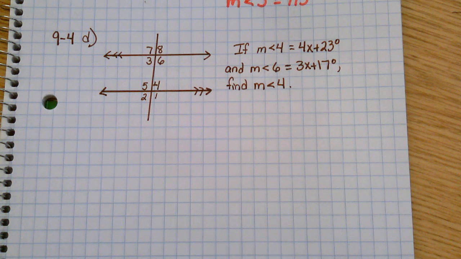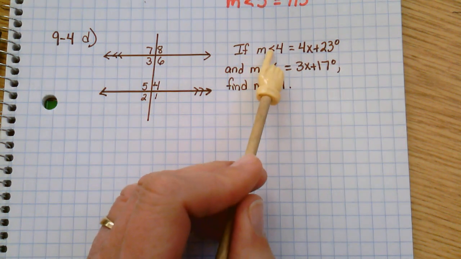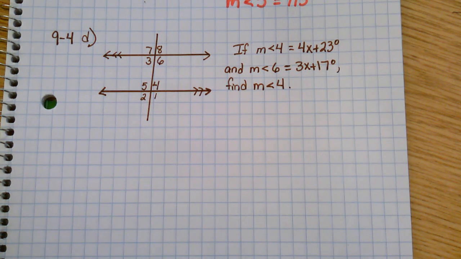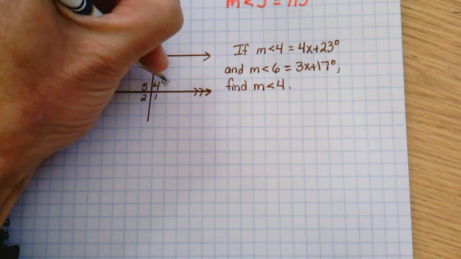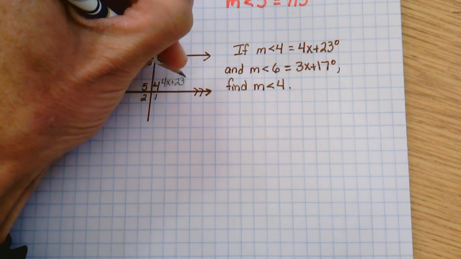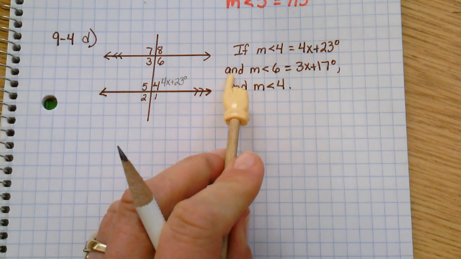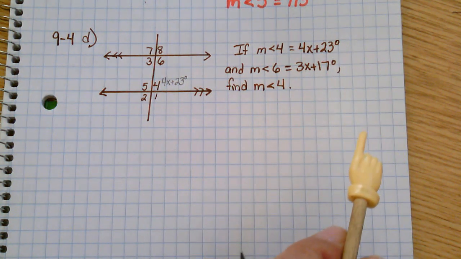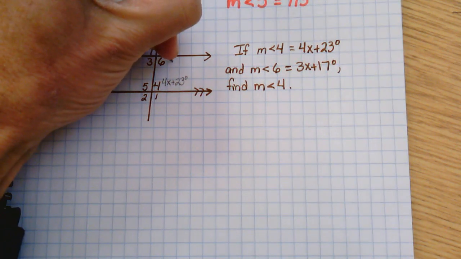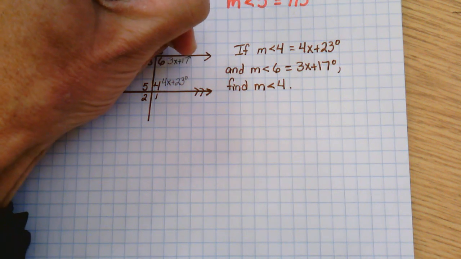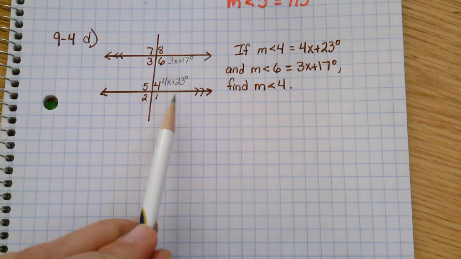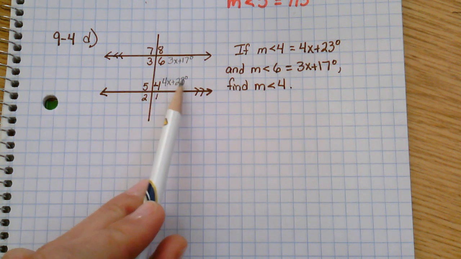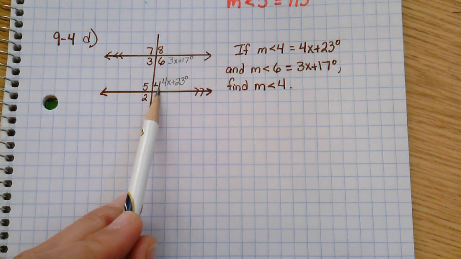This time, it says, if the measure of angle 4 is equal to 4x plus 23 degrees, just going to write that right here, 4x plus 23 degrees, and the measure of angle 6 is equal to 3x plus 17 degrees, find the measure of angle 4. They want us to come up with an exact number for this angle measurement right here.